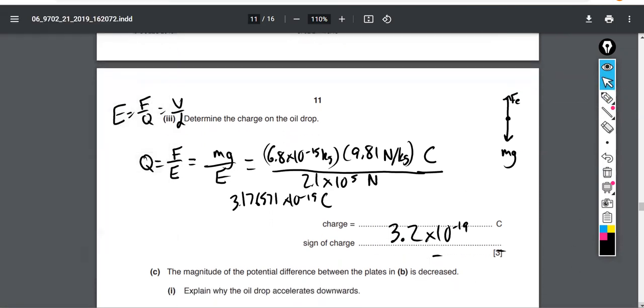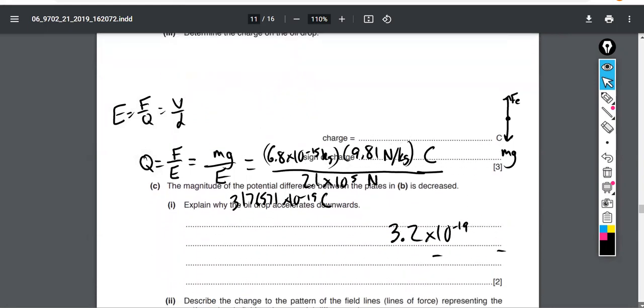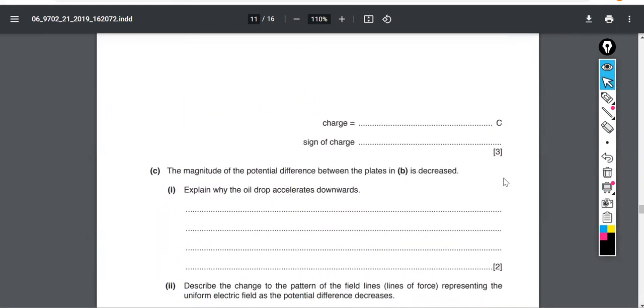But what's going to happen, you're probably wondering, if we decrease the potential difference between the plates? The magnitude of the potential difference between the plates is decreased. Explain why the oil drop accelerates downwards. So we want to anchor our thoughts to equations in physics typically.